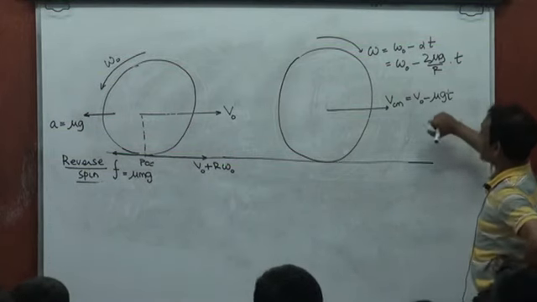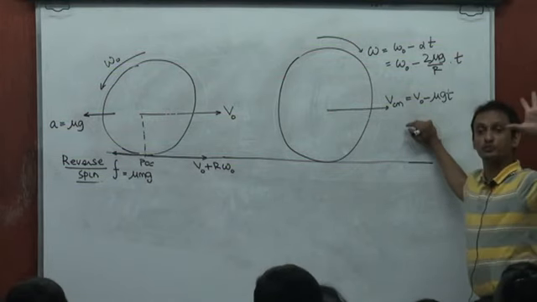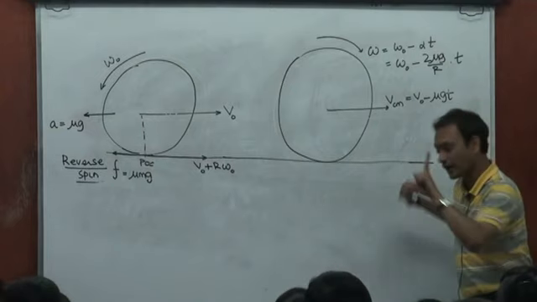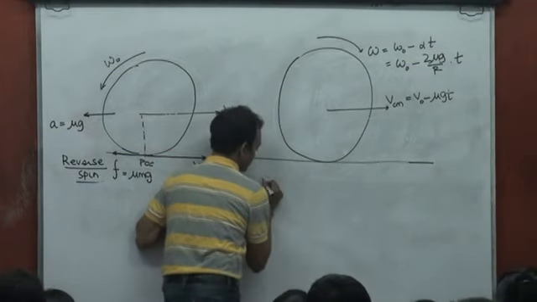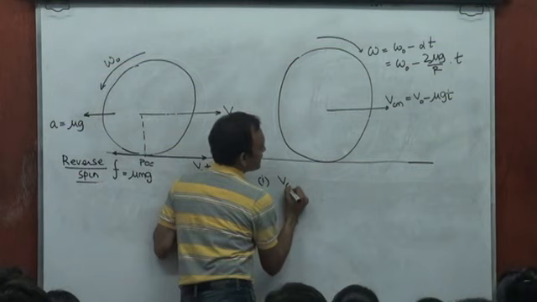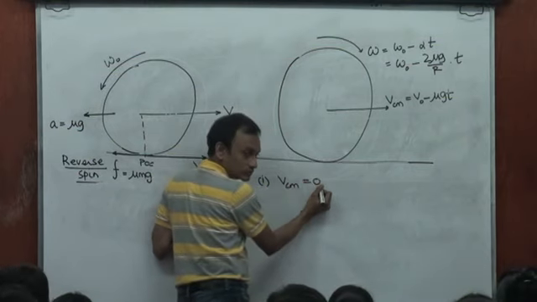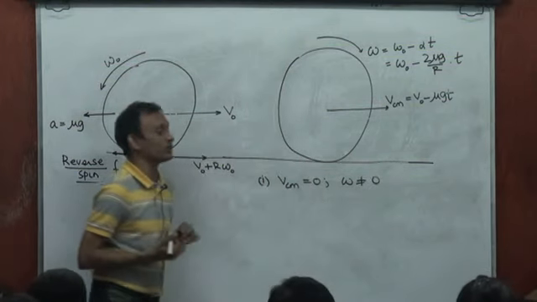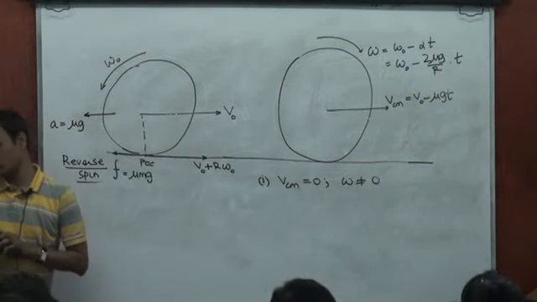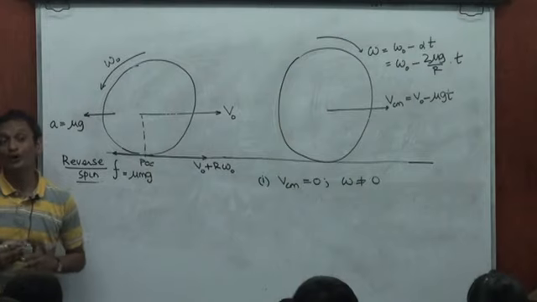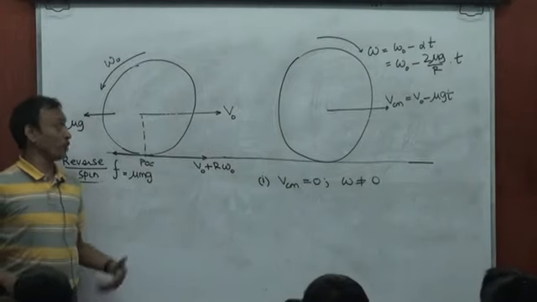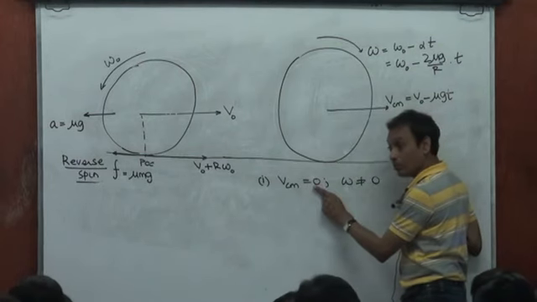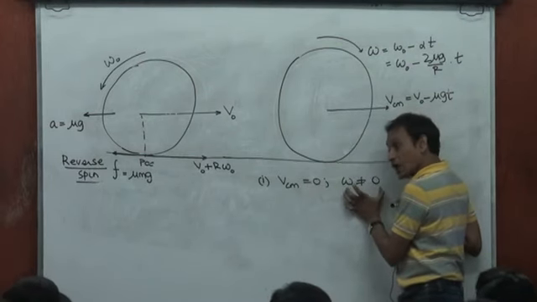Now, three possibilities for this. Possibility 1: VCM becomes 0, but omega is not 0. That means the body enters a state of pure rotation, because VCM is 0 and omega is not 0.